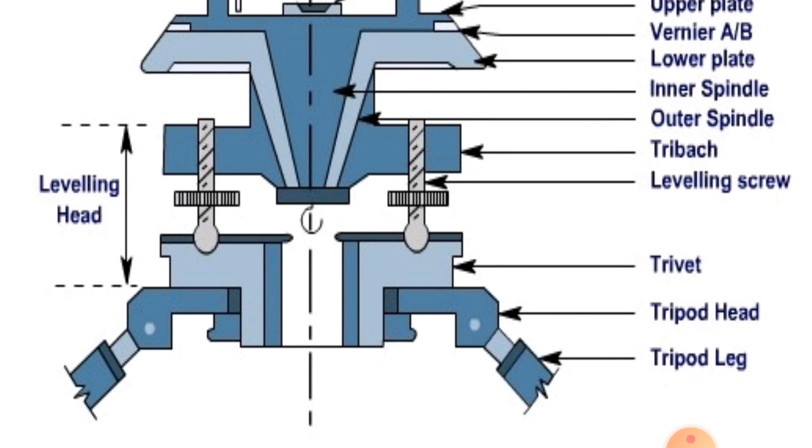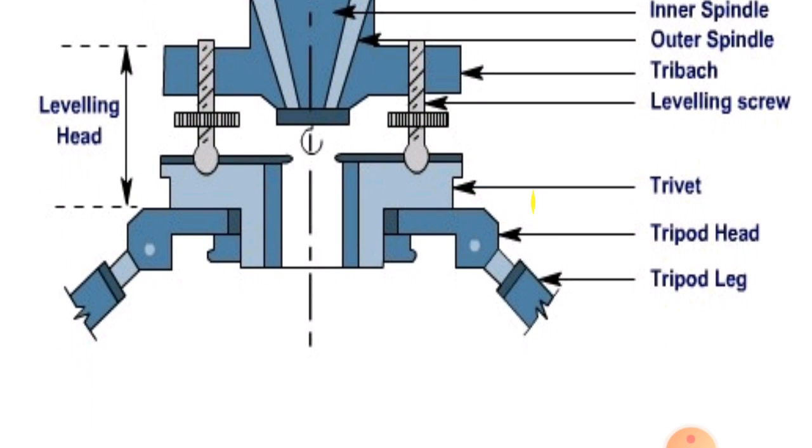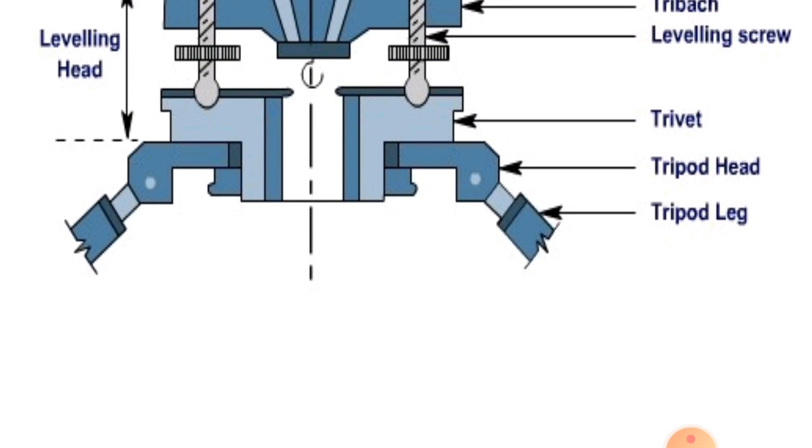Then after, the tribrach. The tribrach is one type of plate provided to rotate or fix the foot leveling screw. And then after, the trivet. The trivet is provided at the bottom plate of the leveling screw. And next is the tripod head.